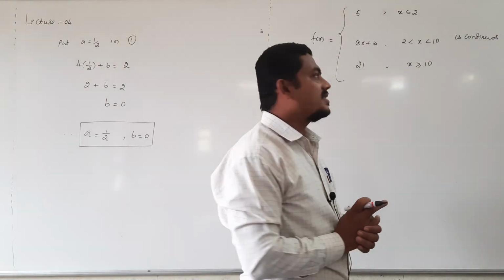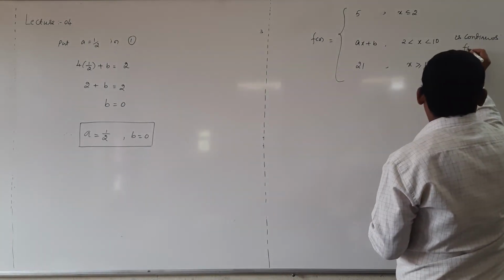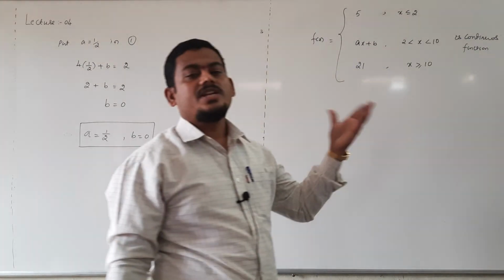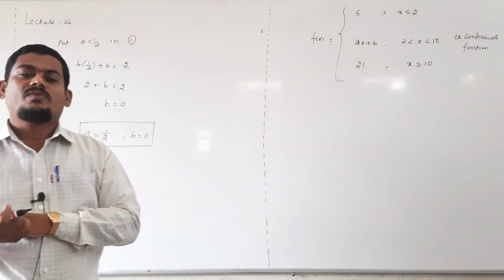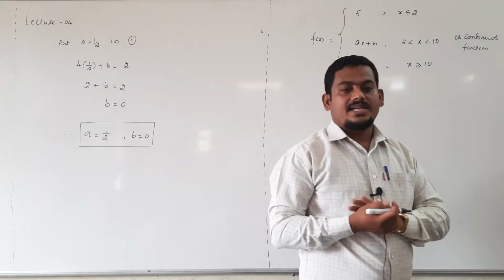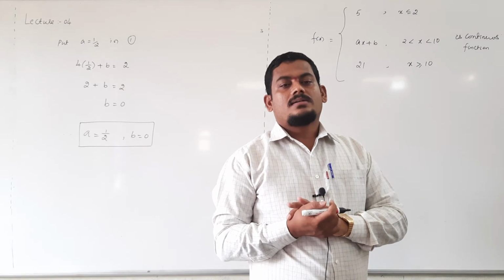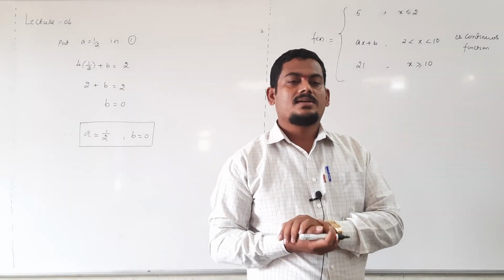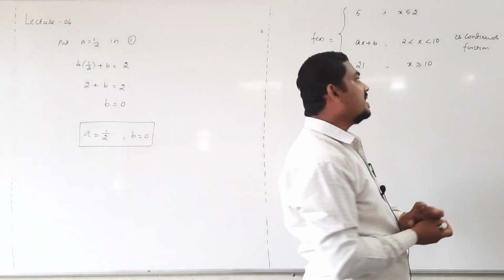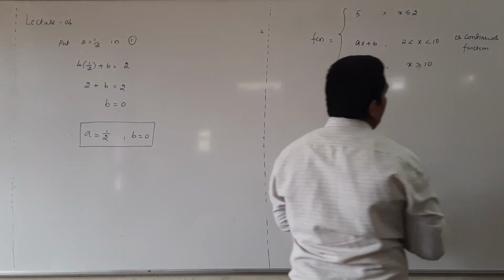This is a continuous function. A particular point they have not given. At what point is it continuous? What they have given is a continuous function. Once a function is continuous, it is continuous at each and every point.